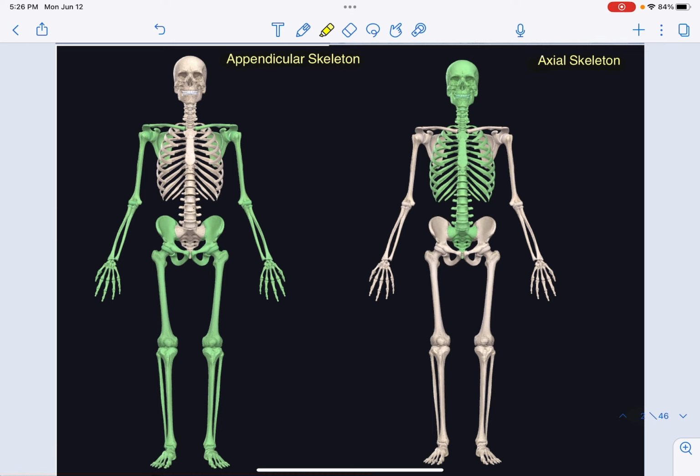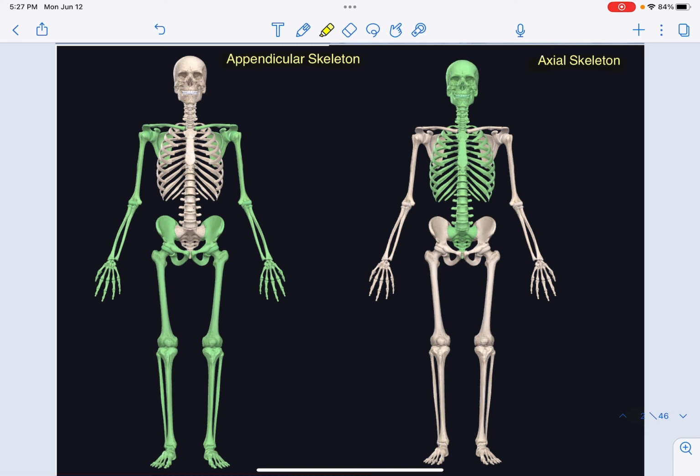And then we will systematically work through the axial skeleton. So there'll be lectures that systematically start working through the vertebral column, the rib cage, and then we'll move over to the appendicular skeleton. So that'll be how the lectures are arranged for Unit 2.